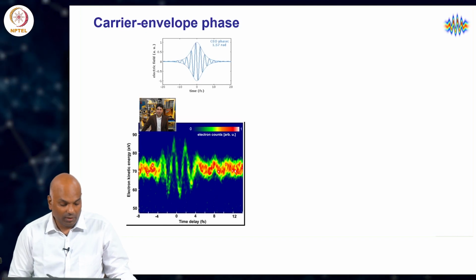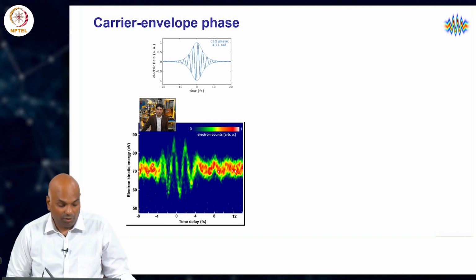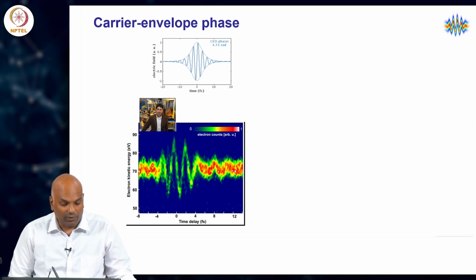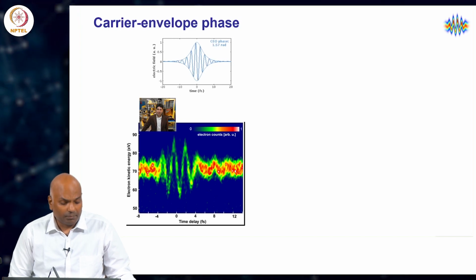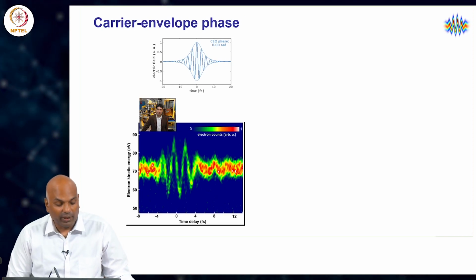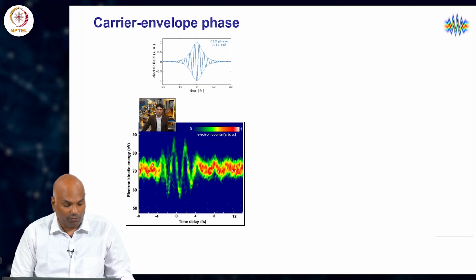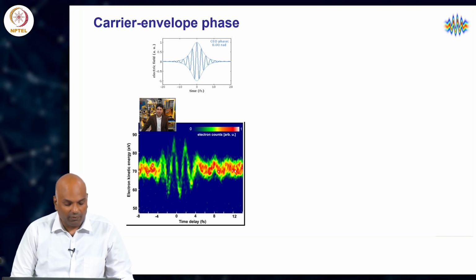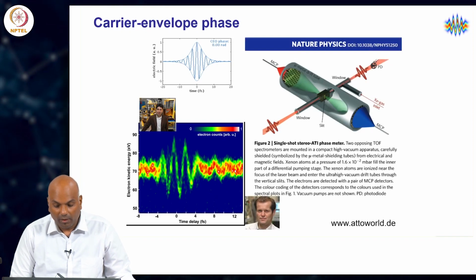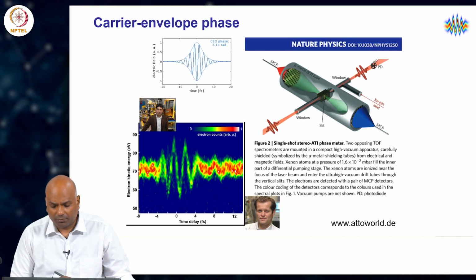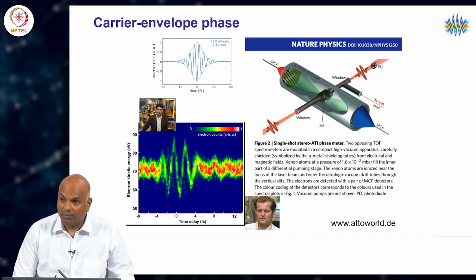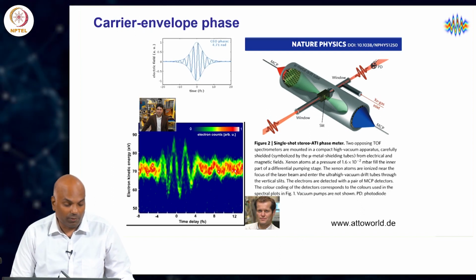The iconic measurement is shown here, for an optical pulse a few femtoseconds long, where the full width at half max of the envelope is but a few femtoseconds, while the optical cycle itself is a little over a couple of femtoseconds. The measurement of the carrier envelope phase using a phase meter is possible. We will learn about this subsequently in this course.